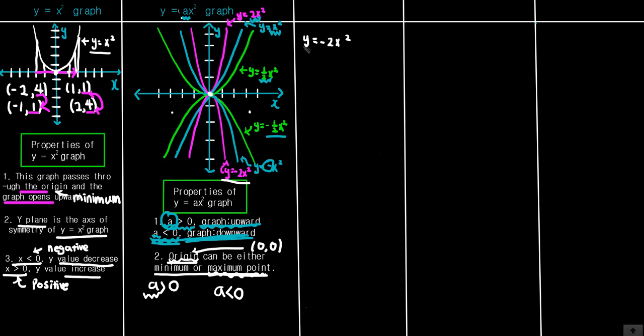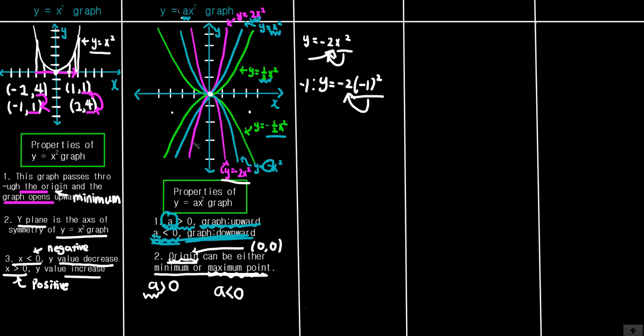Even though we input a positive value for our x value, positive times negative turns to negative. And even if we input a negative value, such as negative 1, it will be y equals negative 2 times negative 1 squared, which turns to positive, and times negative will turn to a negative output.